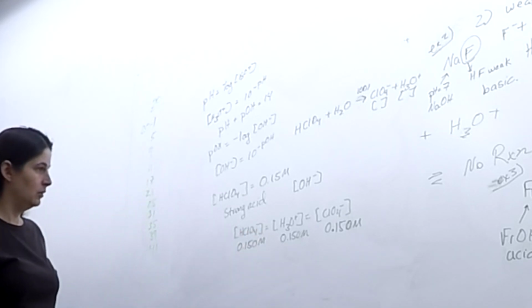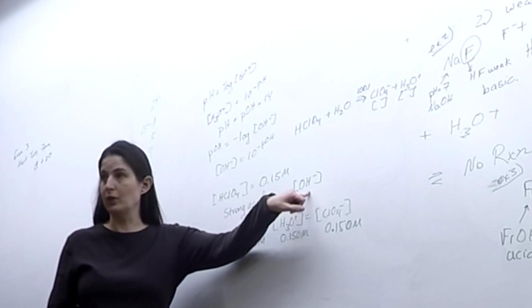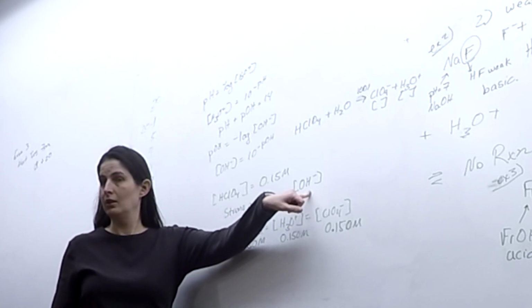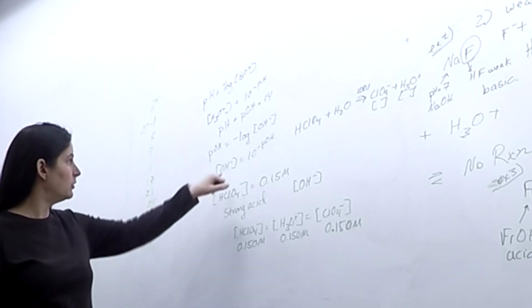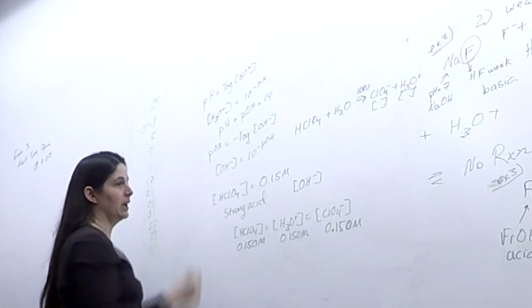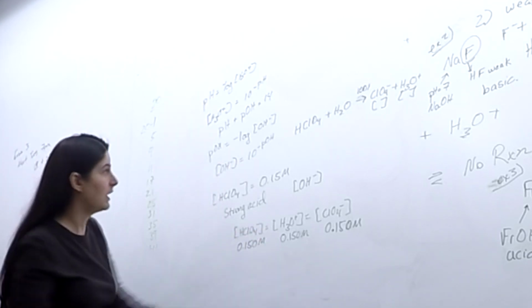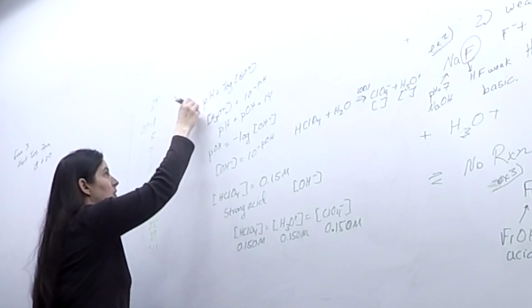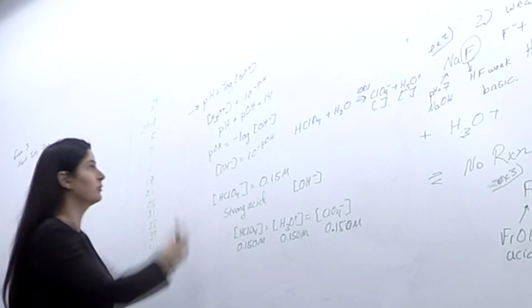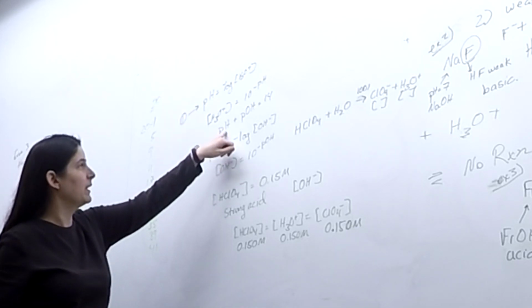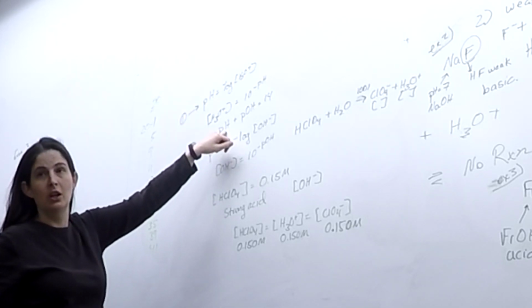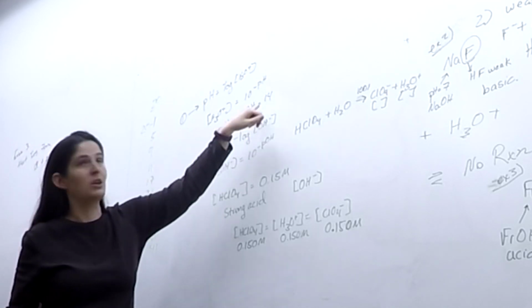So the only thing you need left is the OH, the hydroxide ion. This is where these come into play. We have the concentration of H3O so we can determine the pH. That's the first step, because the only gap that I gave you between pH and pOH is this equation here.